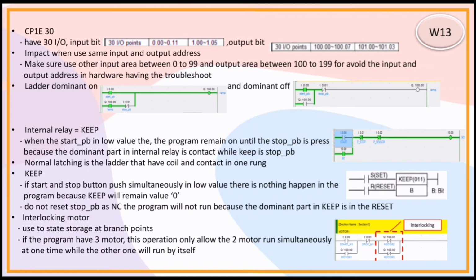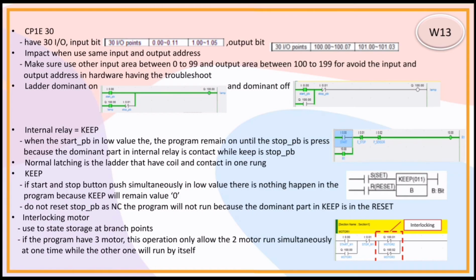When the start push button is in low value, the program remains on until the stop PB is pressed, because the dominant part in internal relay is contact while in keep it is stop PB. The other point that we revised is that normal latching has the coil and contact in one rung, which usually uses an internal relay.